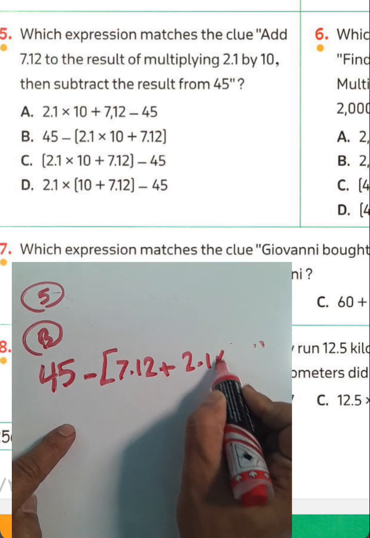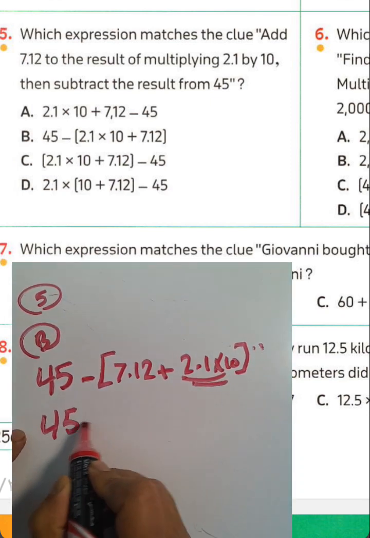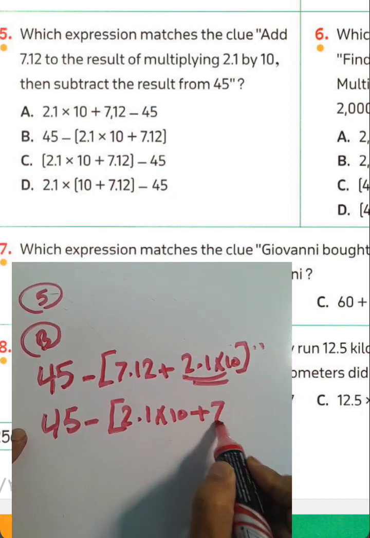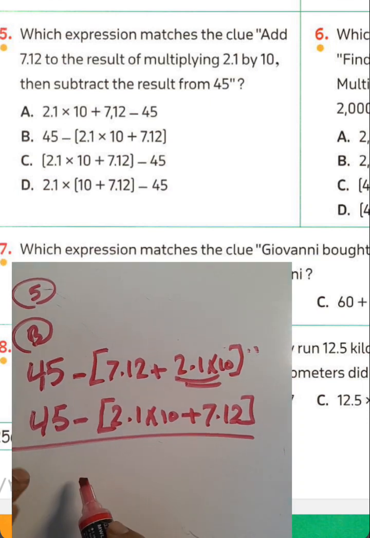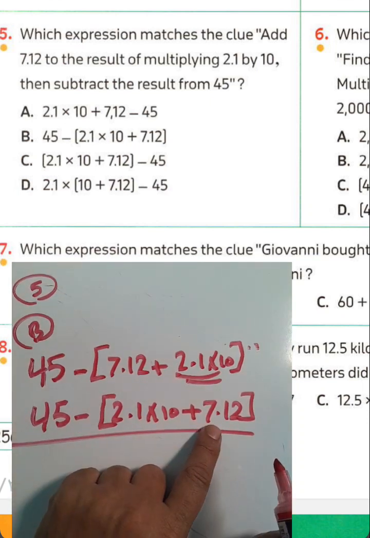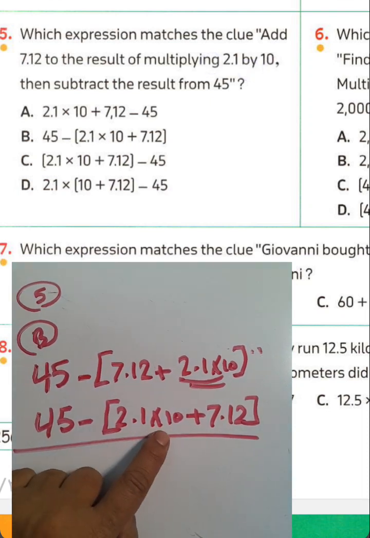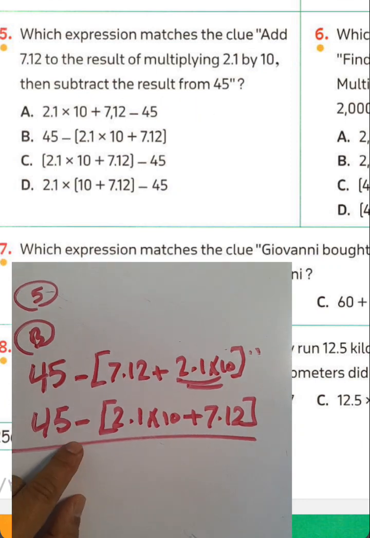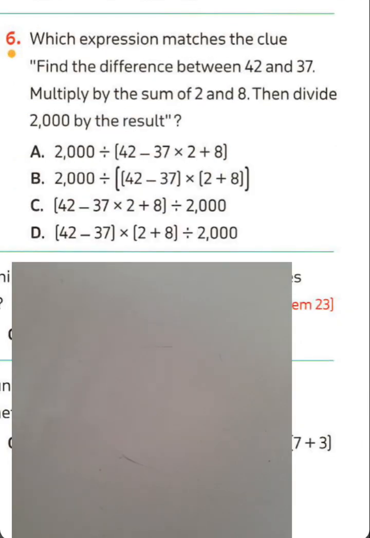Or you can write 45, first subtract, 2.1 times 10 plus 7.12. Again, add 7.12 to the result of multiplying 2.1 times 10, then subtract the result from 45. Choose letter B. Question number 6.